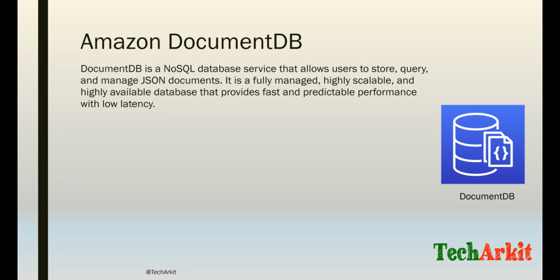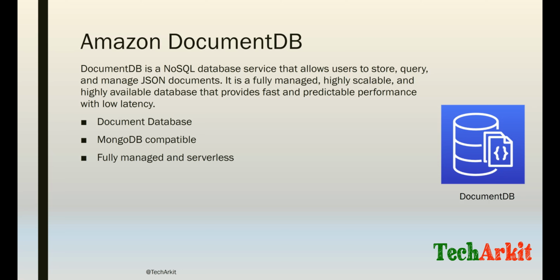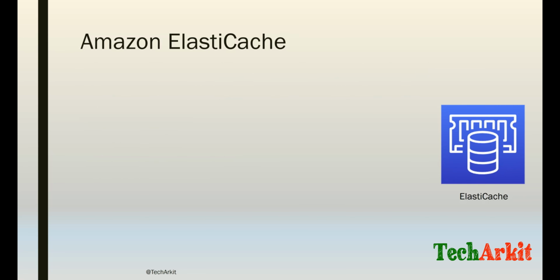It's a fully managed service, a highly scalable and highly available database that provides fast and predictable performance with low latency. It's a document database, MongoDB compatible. So if you have on-premises MongoDB, you can migrate it to DocumentDB, the AWS service, if you want. Fully managed, serverless, and a non-relational database.